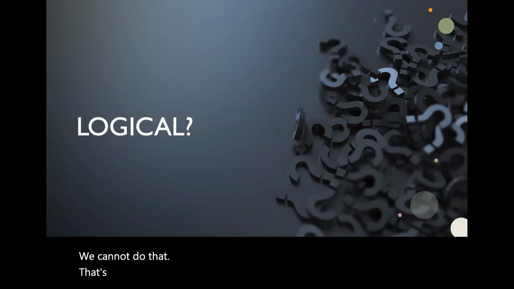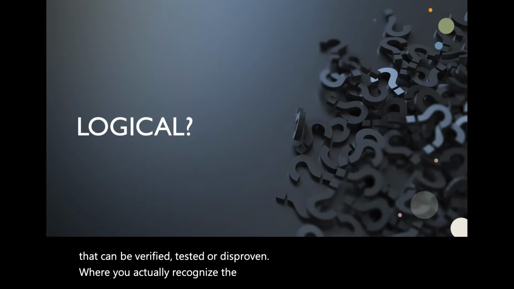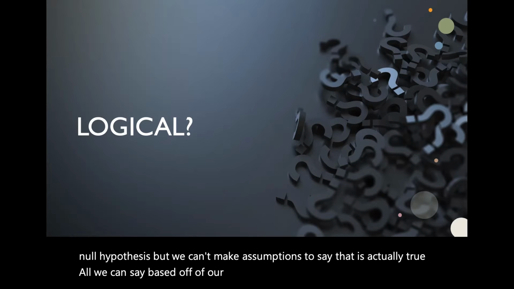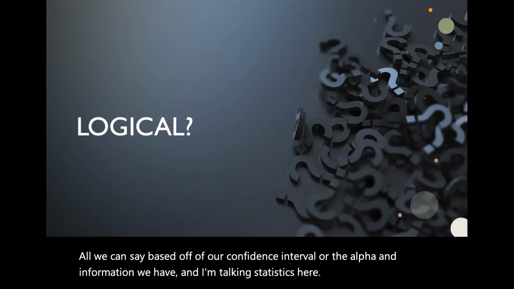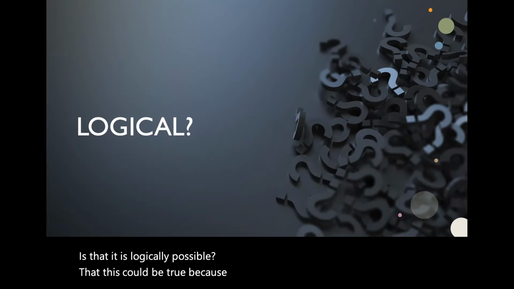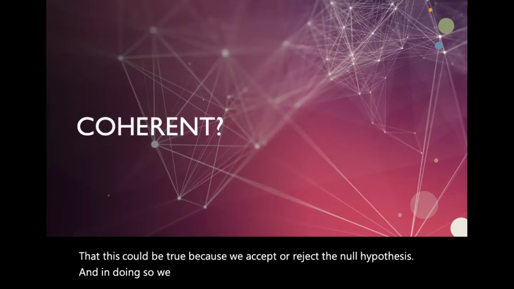That's why we look for peer-reviewed articles and we look for information that can be verified, tested, or disproven, where you actually recognize the null hypothesis, you reject or accept the null hypothesis, but we can't make assumptions to say, oh, that is actually true. All we can say based off of our confidence interval or the alpha and information we have, and I'm talking statistics here, is that it is logically possible that this could be true because we accept or reject the null hypothesis. And in doing so, we then make a coherent statement.